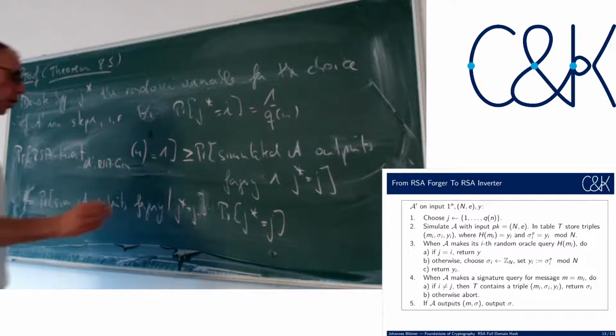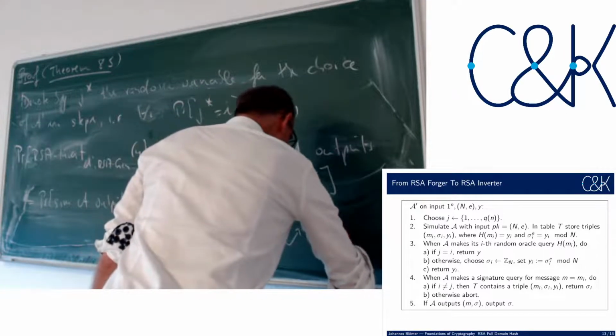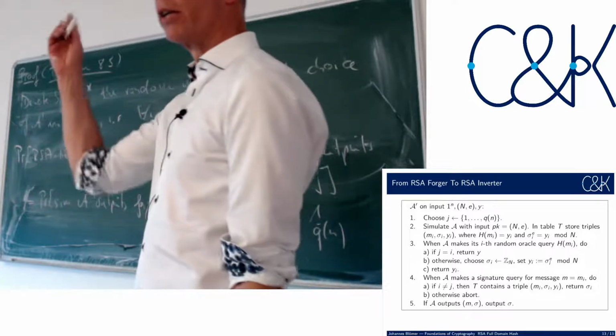Now this we know is 1 over Q of n, picking it uniformly at random.